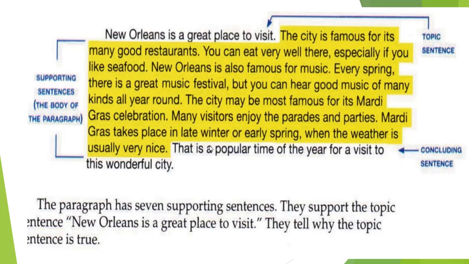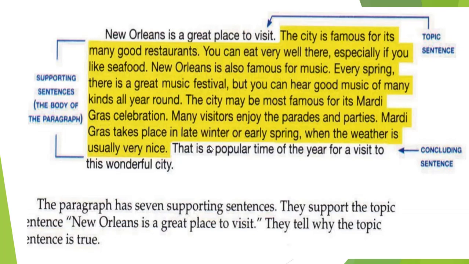Mardi Gras takes place in late winter or early spring, when the weather is usually very nice. So all these things were supporting details, supporting sentences that prove why New Orleans is a great place to visit. That is a popular time of the year for a visit to this wonderful city.